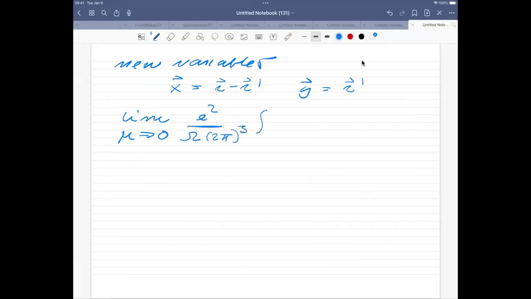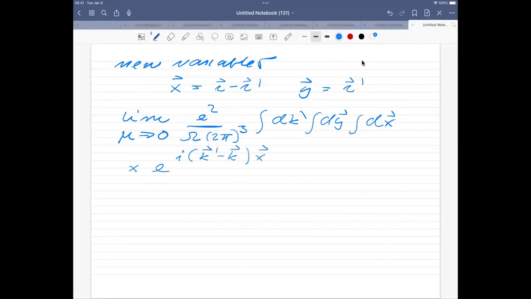And then I have the integral over dk prime. I'm going to have an integral over dy because that replaces r prime, and then I have an integral over dx. This is multiplied with e to the i times k prime minus k, multiplied with x.